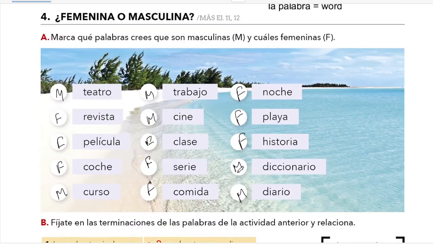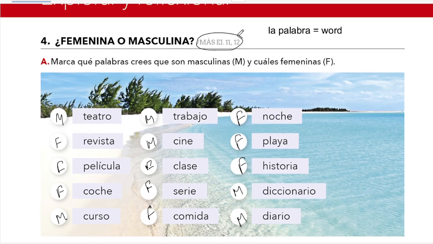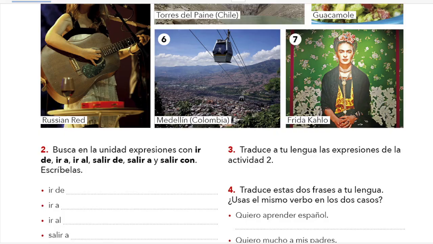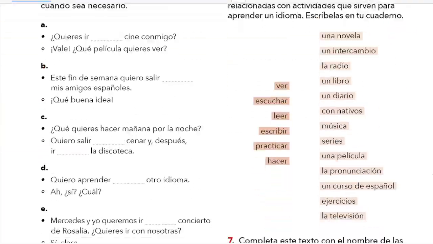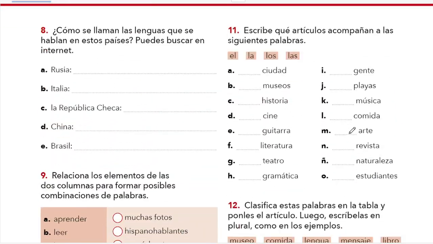Okay, so all these are masculino, femenino. Now, corresponding to this we have exercise 11 and 12, 11 y 12. Let's go back here on the back side of your textbook. You get some exercises. So let us do exercise number 11 and 12.